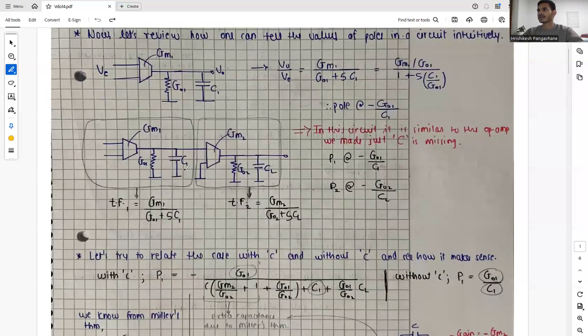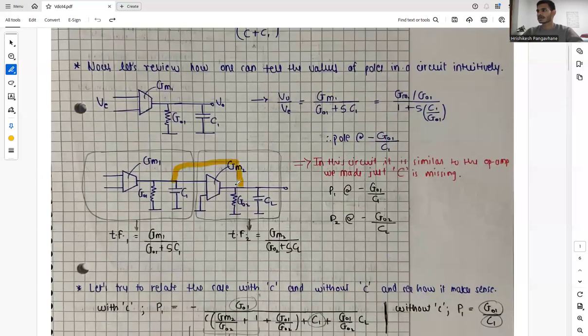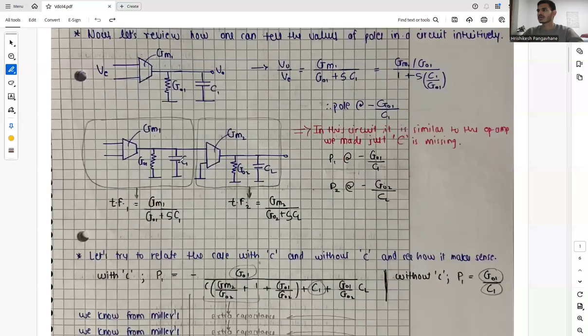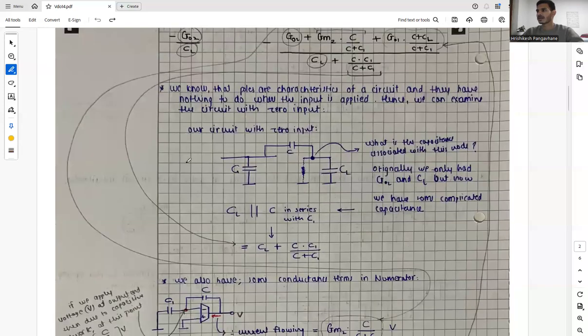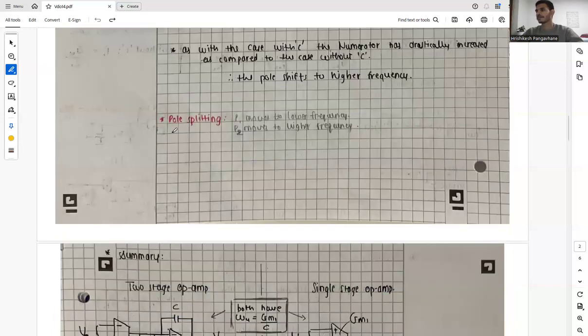So this is the case without capacitors, but when we apply a capacitor over here, this is the case where we can experience pole splitting.